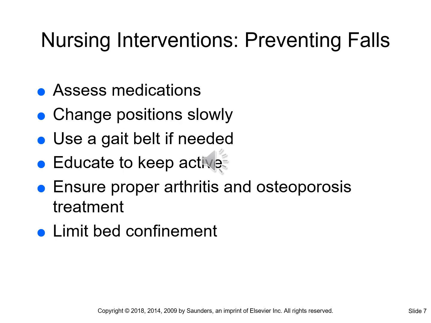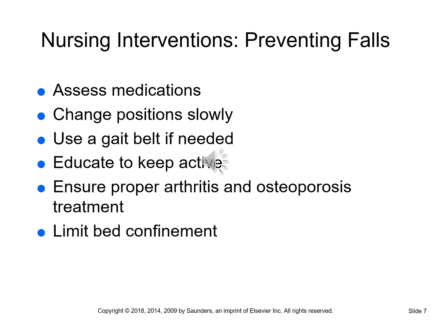Okay, so we should be doing fall risk assessments on all of our patients so that we can identify any patients that might be at risk for falls. And if we do identify patients at risk for falls, then we want to put some things in place to prevent falls from occurring.